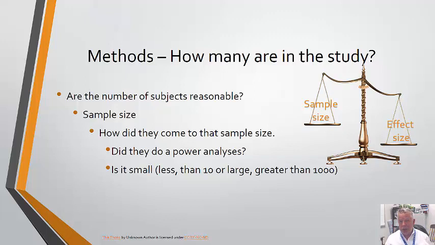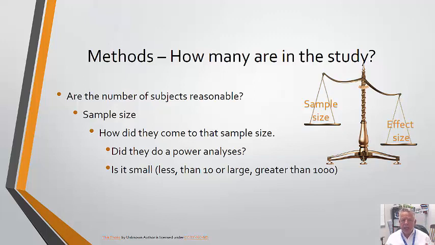If the sample size is small, and by small I mean less than 10, then I begin to wonder about how valid it is in the big picture, or how it represents the big picture. If it's large, say greater than 1,000, then I begin to have other concerns, like whether what they're finding is meaningful.